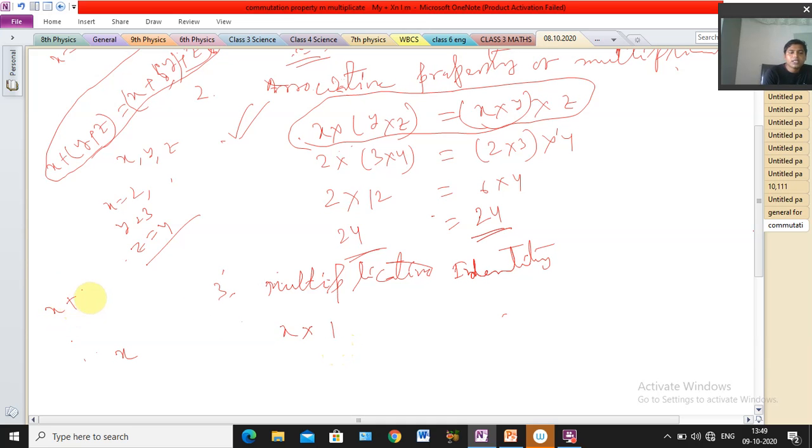For addition it was 0. X plus 0 equal to x was there, because 0 is the additive identity. But for multiplication we will take 1, because if we take 0, 0 into something will be 0 only. So x into 1 equal to 1 into x equal to x. Here 1 is the multiplicative identity.